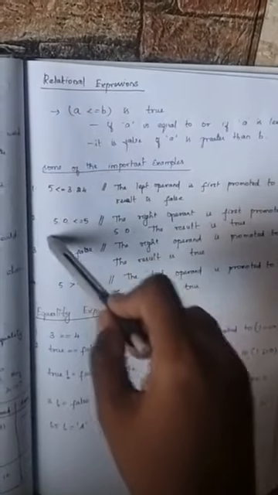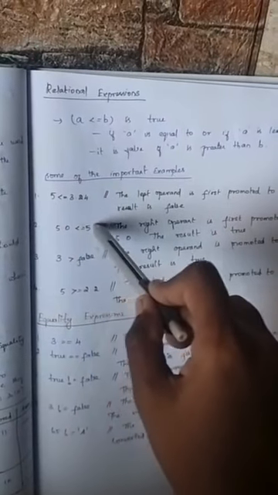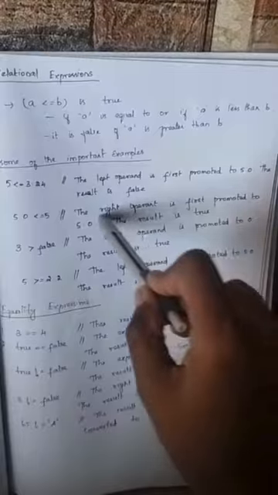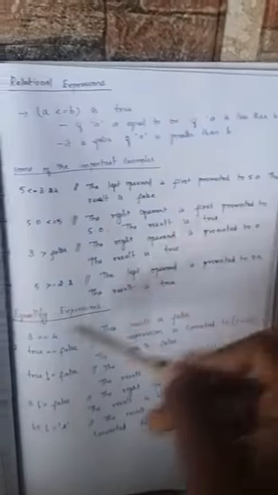Next expression, 5.0 less than or equal to 5. The right operand is promoted to 5.0, so the result is true.